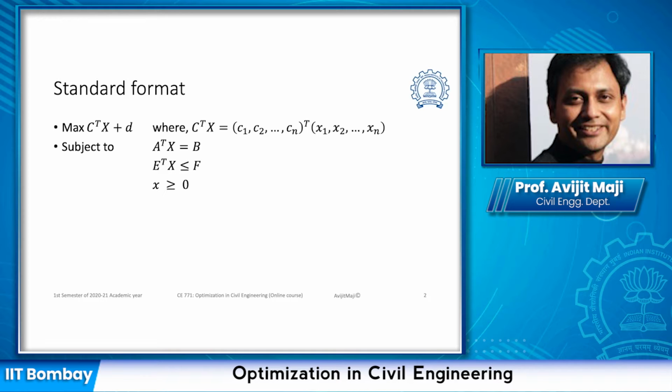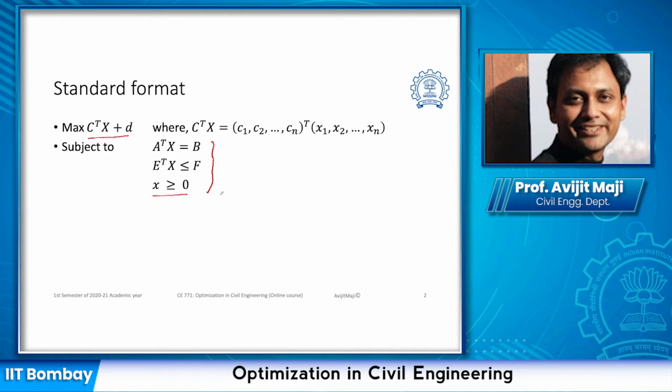So in the standard format, as we know, we are going to maximize a linear function which is indicated here, for the constraints, which could be equality as well as inequality constraints, and where each of the design variables or decision variables is expected to be 0 or more.